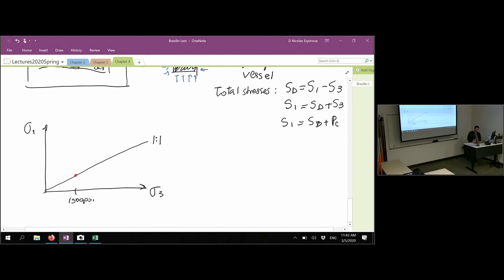It starts somewhere over there, and you increase the deviatoric stress of sigma 1 until it fails. And this is actually sigma 1 minus sigma 3, the deviatoric stress.